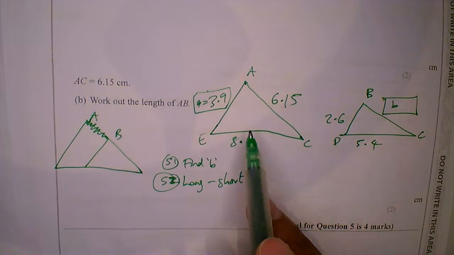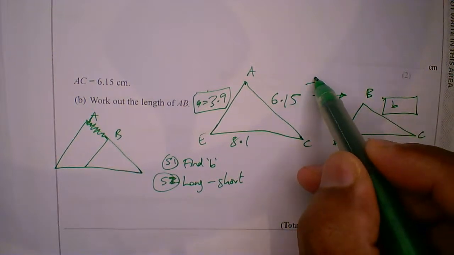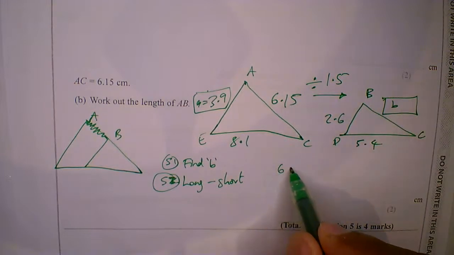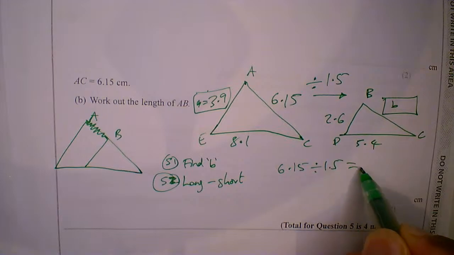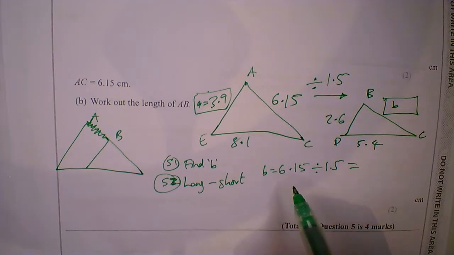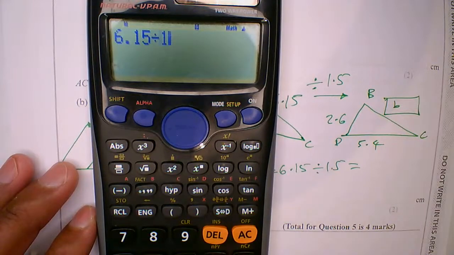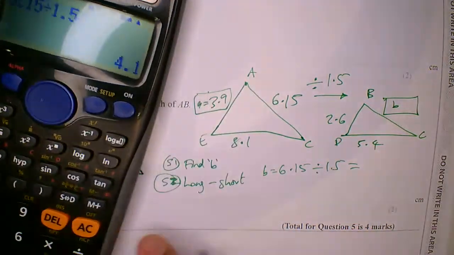Now I'm going this way, so it's going to be divided by my scale factor, 1.5. 6.15 divided by 1.5 equals 4.1.